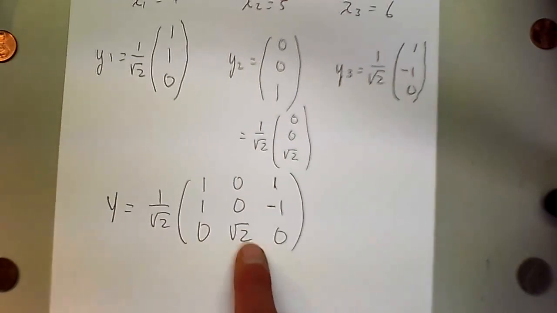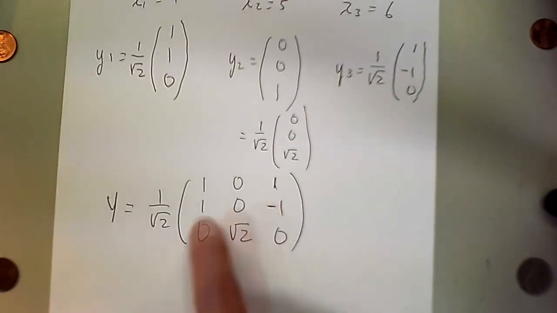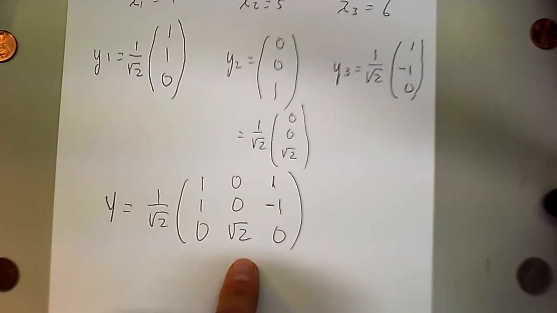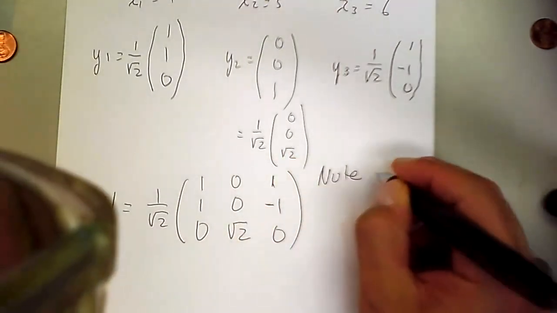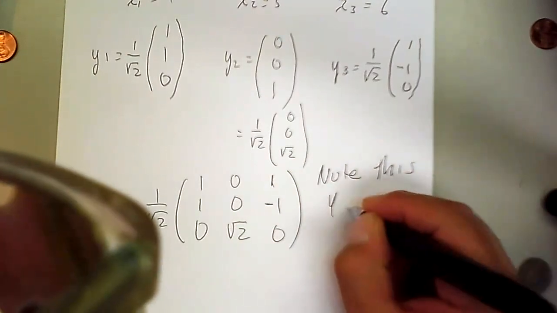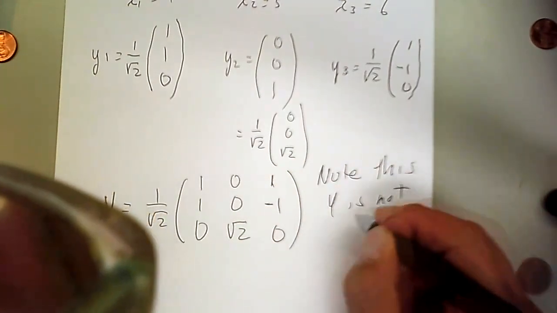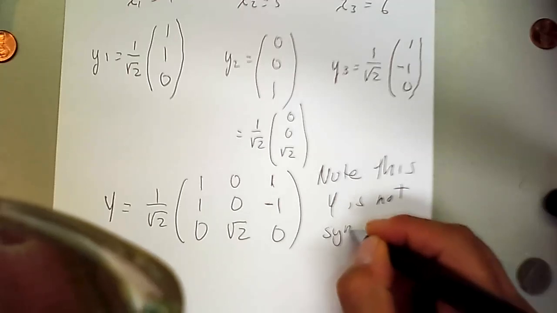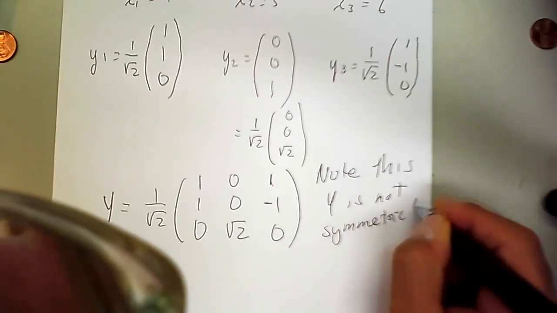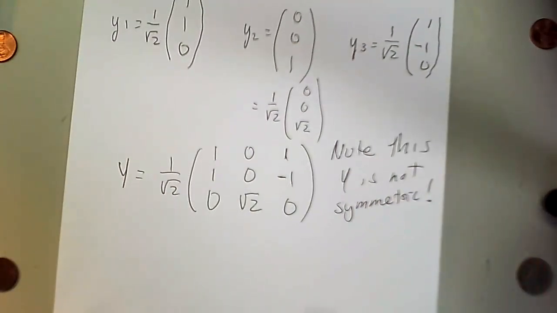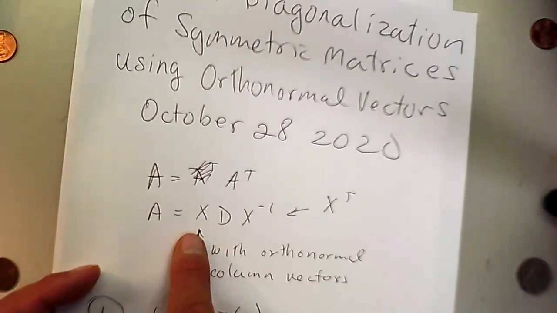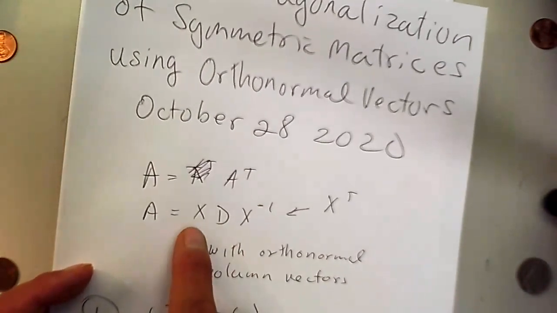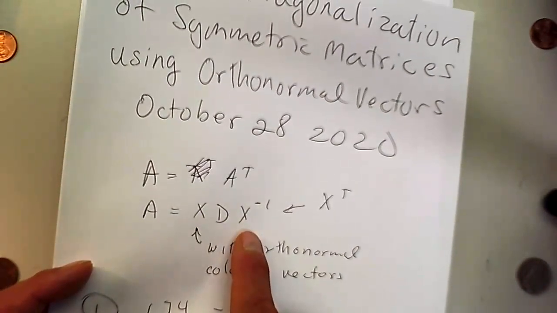Okay, now this is interesting because this matrix, notice, is not symmetric. Note, this Y is not symmetric. Now, in the diagonalization, we want to have diagonal matrix X, or Y in this case, and Y inverse.